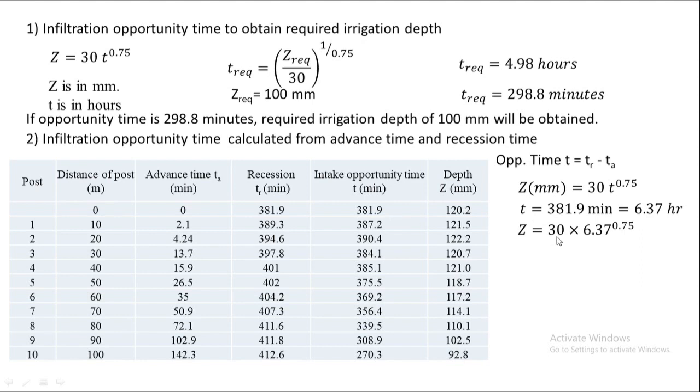Substituting the values of T in this equation one by one, we will get the depth. In the first case, the depth is 120.2 millimeters. So it is 20.2 millimeters more than required. And the average infiltrated depth is 114.6 millimeters, the average of all these depths.